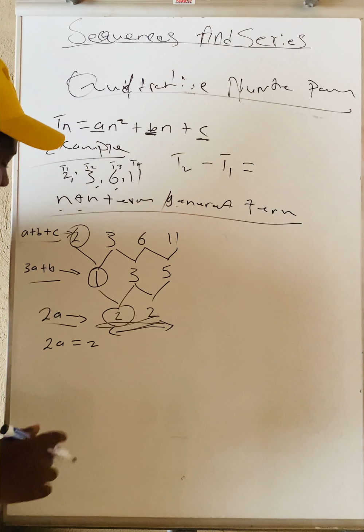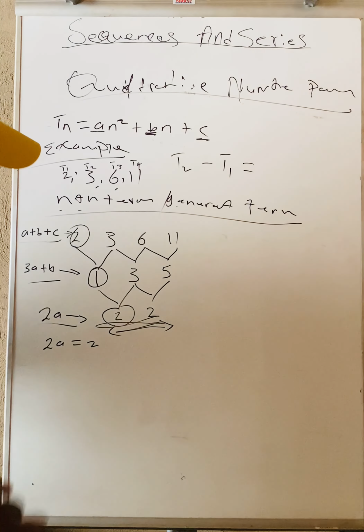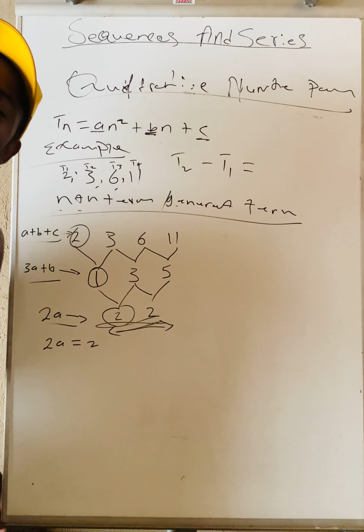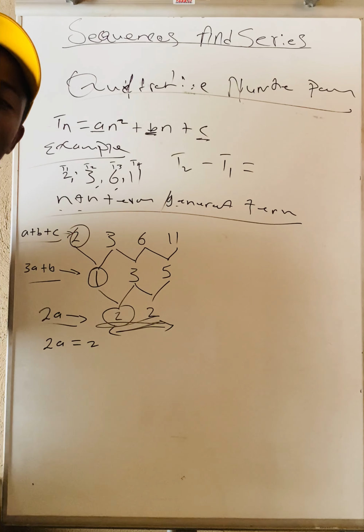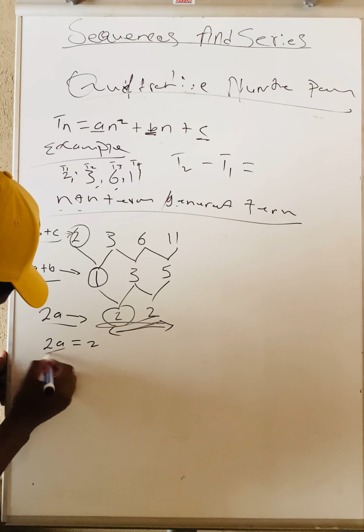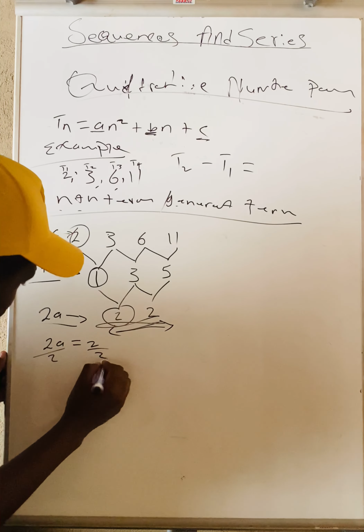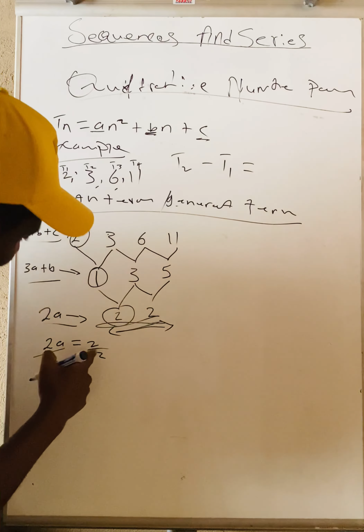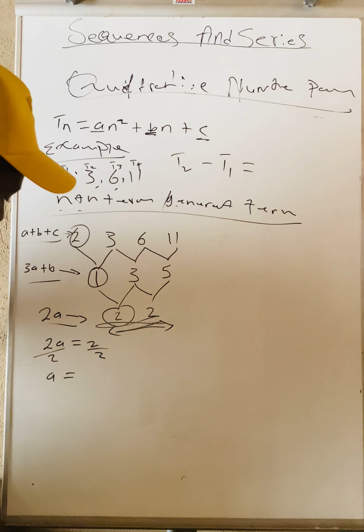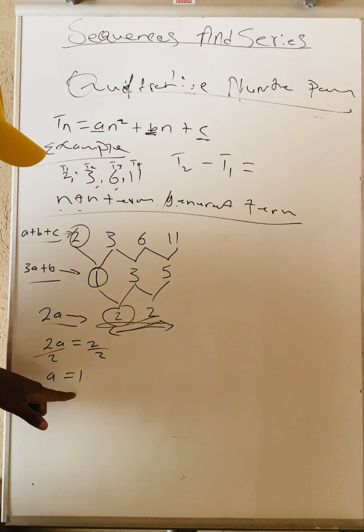You don't want 2A, you need A alone, so we divide by 2. Then A is equal to 2 divided by 2, which is 1.